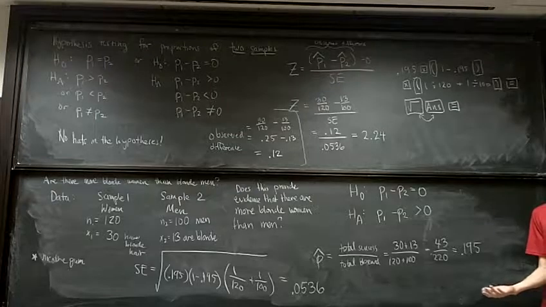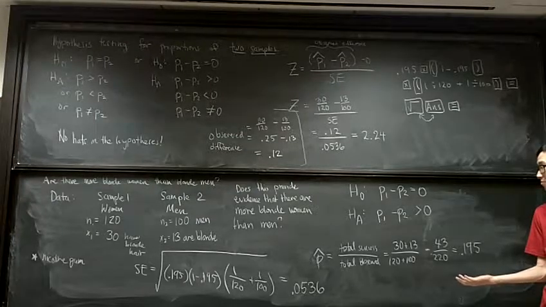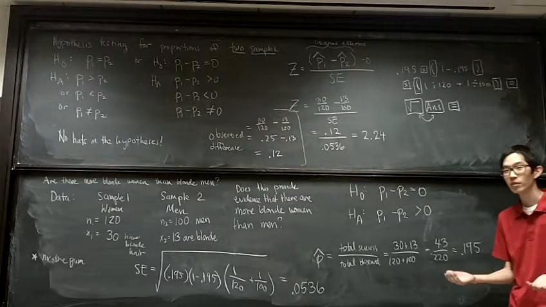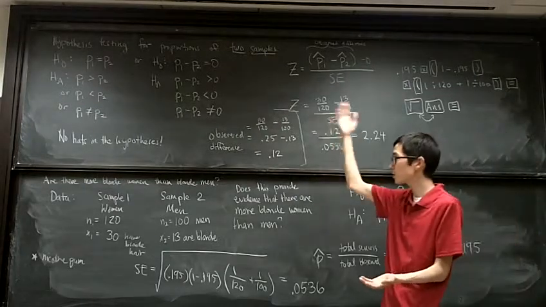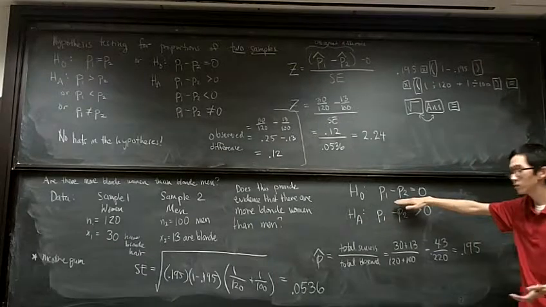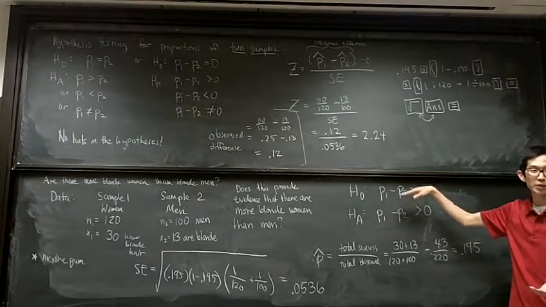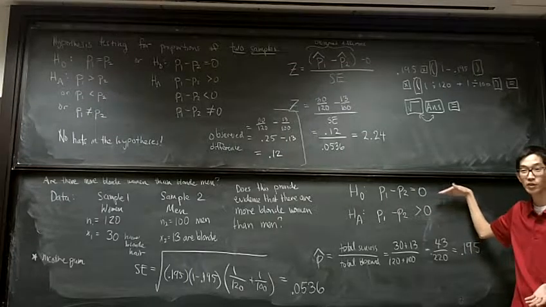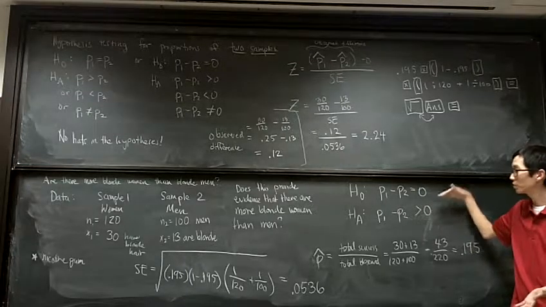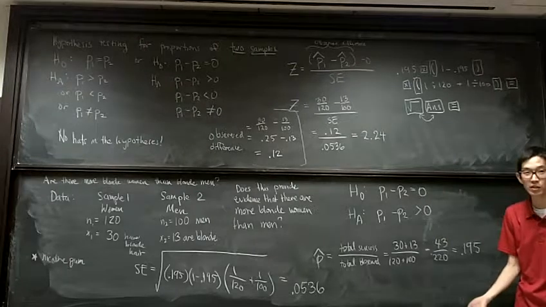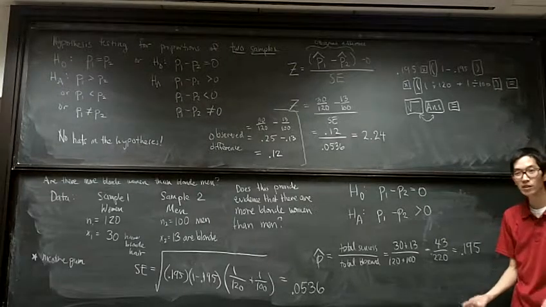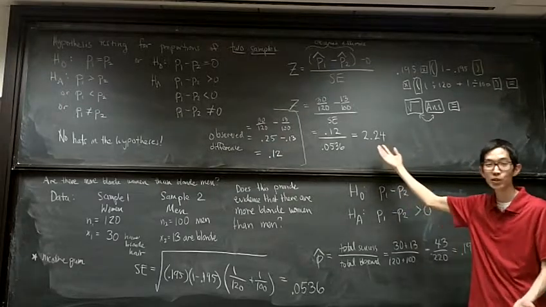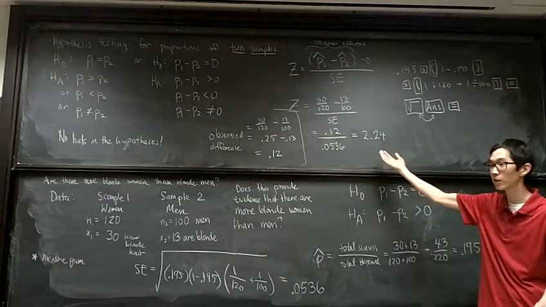That's a 12 percentage point difference. Is that a big difference or not? If the null hypothesis were true, the difference between blonde-haired men and blonde-haired women should be 0. We're expecting a difference of 0. What we observed was a difference of 12%. Well, our z-score turns out to be 2.24 standard errors away from the mean.